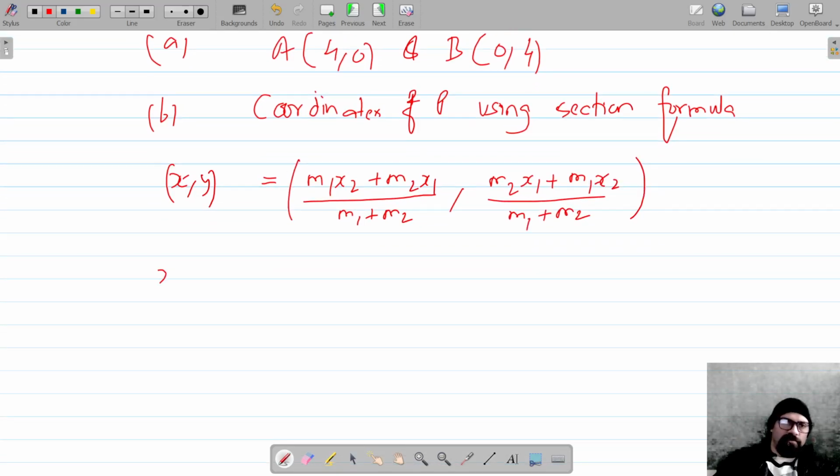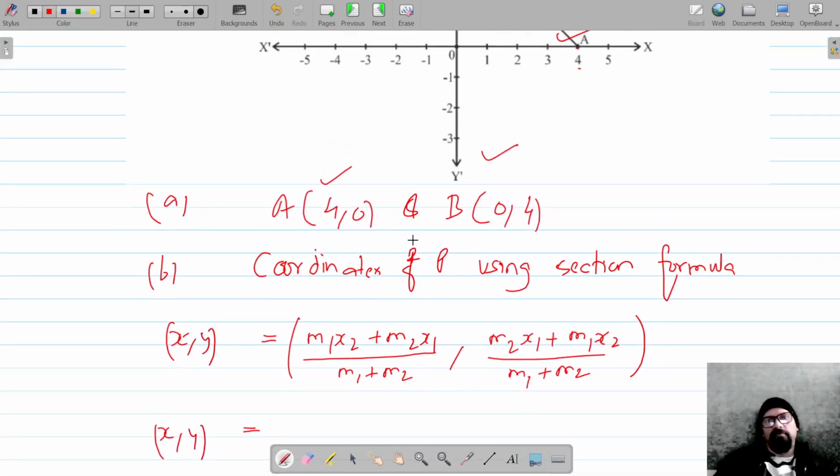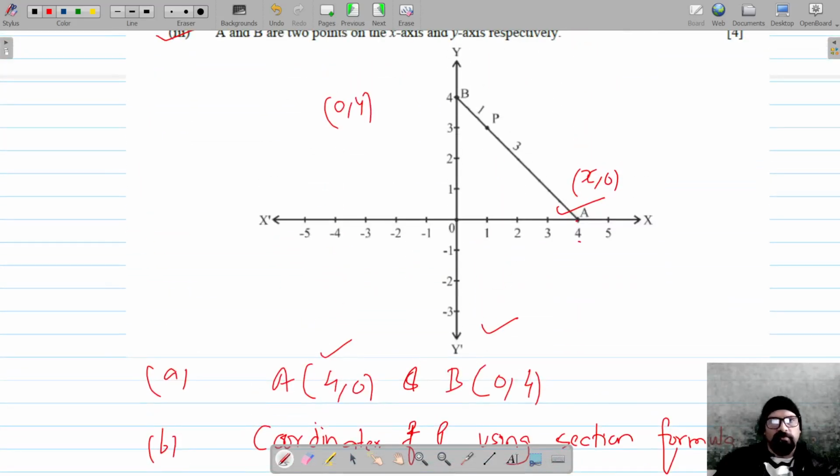Okay, let's now put in the values. Here the ratio is 1 is to 3, sorry, 3 is to 1. So this is m1 and this is m2. And 4, comma 0 are x1, y1, and 0, comma 4 are x2, y2.